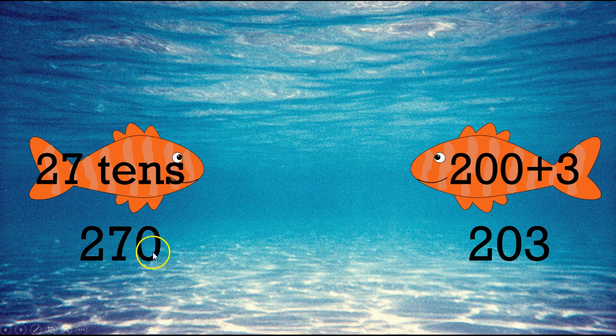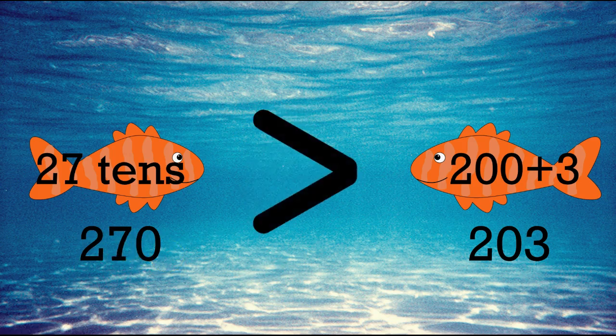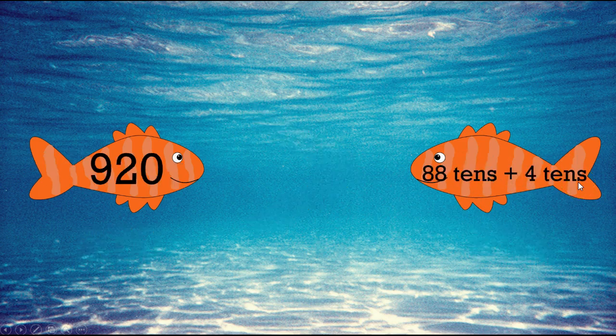Right, 270 is greater. So we can put our symbol in, and we can read this as 27 tens is greater than 200 plus 3. Go ahead and do this. Now remember, you need to solve this right here underneath, and don't let this trick you up.